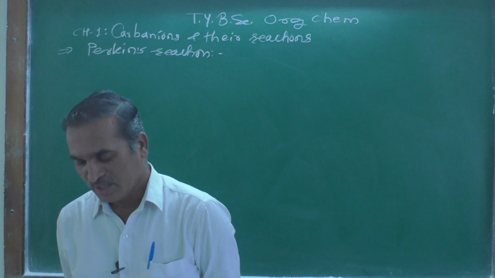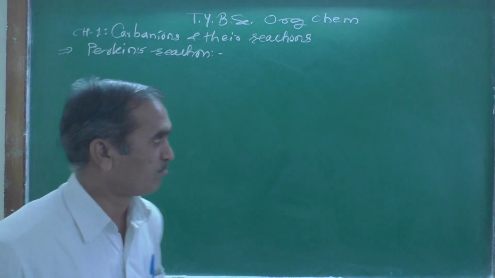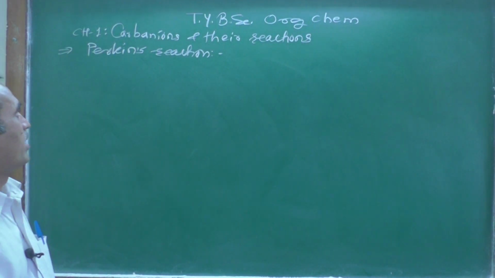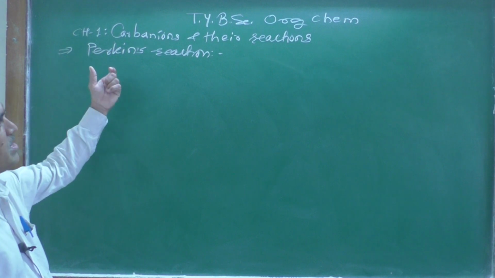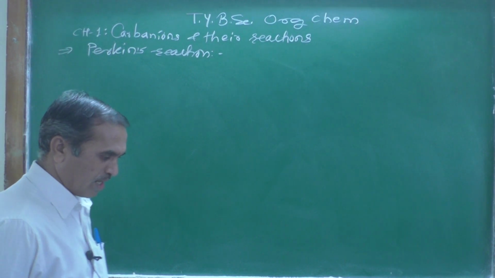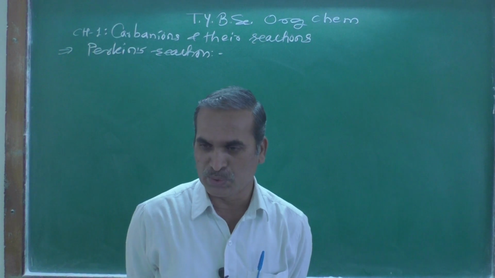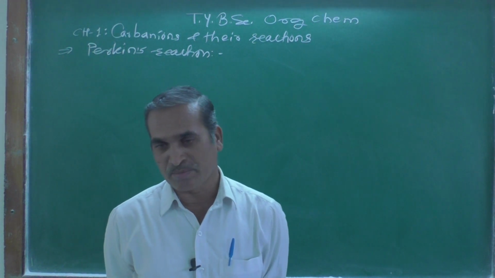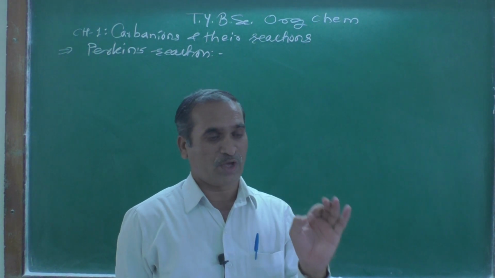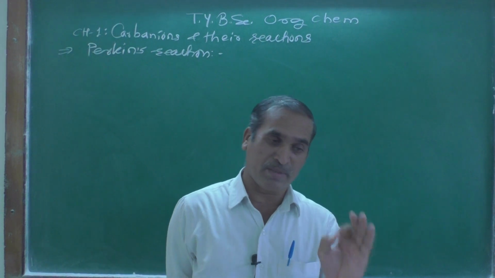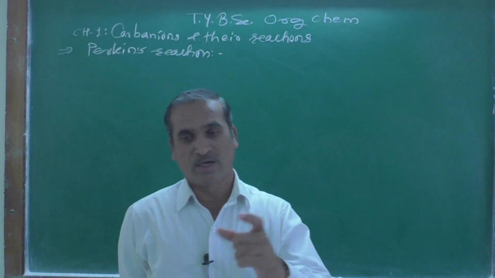We discussed this by taking a suitable example. Now look at the blackboard over here. What is written over here? Perkin's reaction. At the beginning I already told you that in this chapter we are going to learn four famous named reactions.